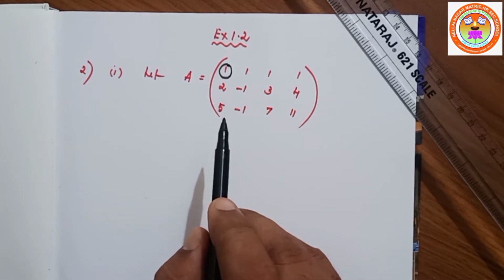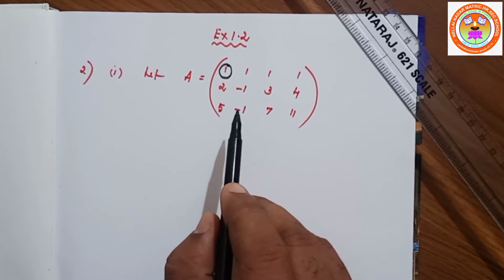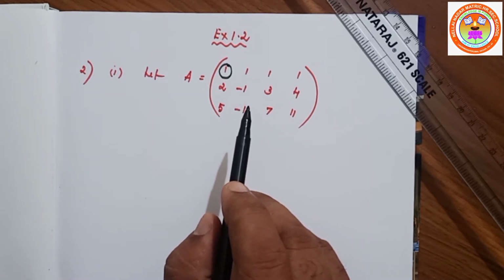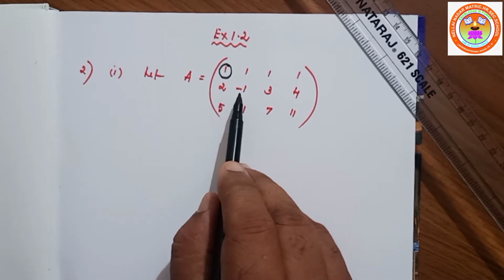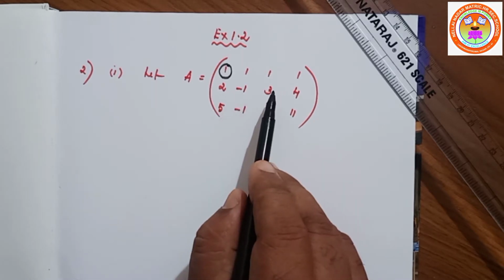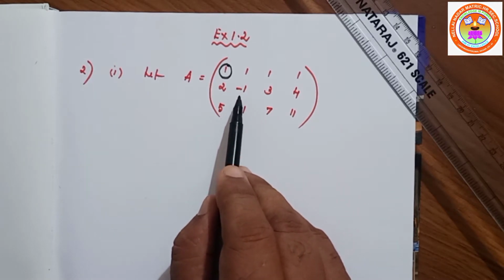Next, condition number 2, the same procedure to be followed for the next row also. Once you make this element 0, definitely this will be the first non-zero element for the second row, correct? Below which there is an element, it has to be 0 with the help of this number only.